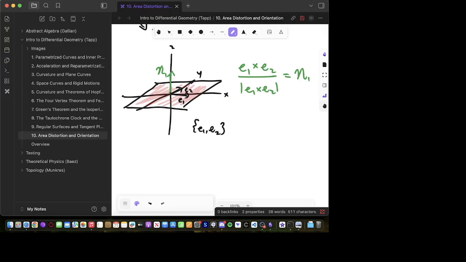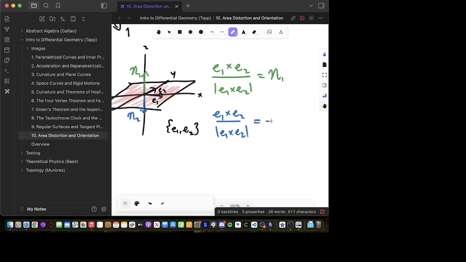And you can do the math, but that's how it ends up being. But if we have this N2 as our orientation instead, then we find that the normalized cross product equals negative N2.